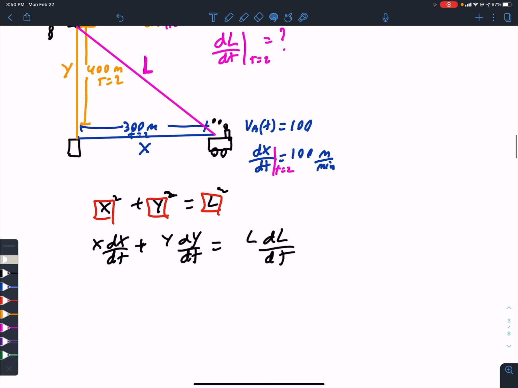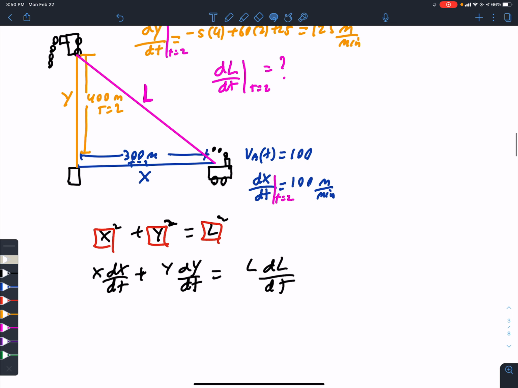So at this point, I just need to fill in everything I know. Do I know x, y, and L? I do know x. It's 300. And I know dx/dt. That's 100. Do I know y? Yeah, that's 400. And do I know dy/dt?